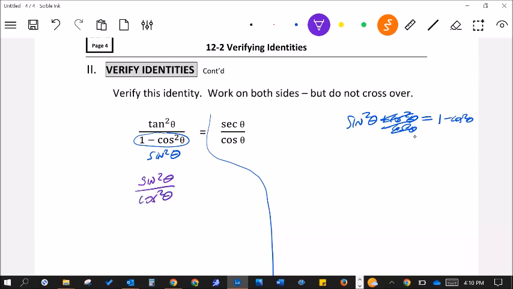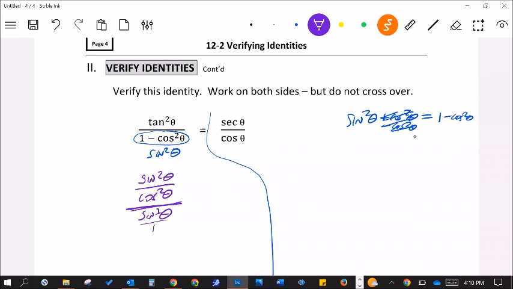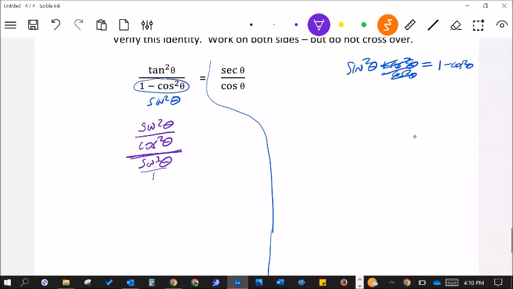This is also a reminder that you're using the same rules for the squares as you would if they weren't squared. And sine squared theta, since this is on the bottom of the fraction, I can make it its own fraction there. So what I have is sine squared theta over cosine squared theta divided by sine squared theta over 1.